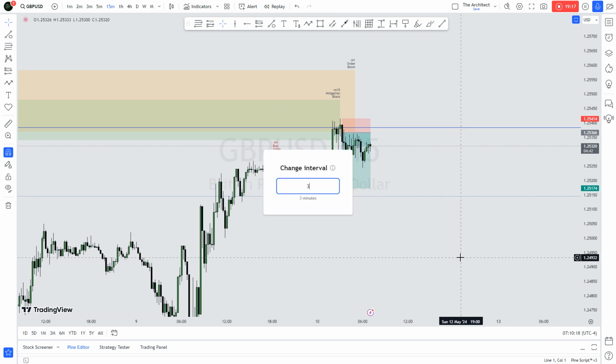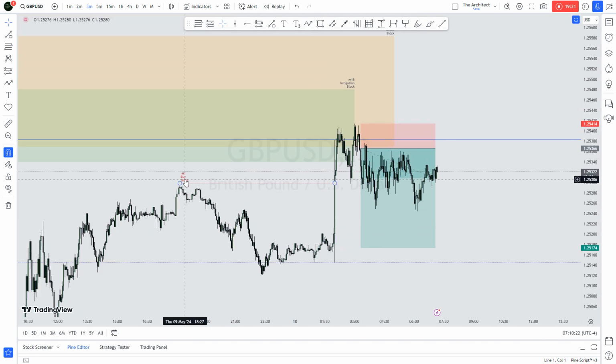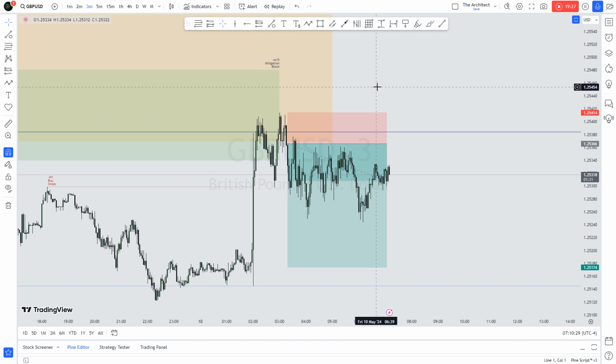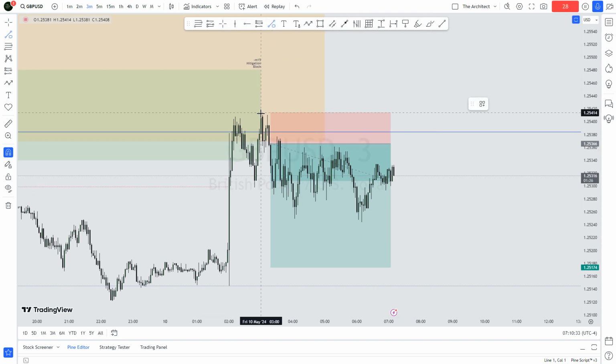So what I'll do is wait for my Asian session's high to get taken, which was this point over here, and then it drew into my mitigation block and my order block. After that point, what I want to see is a market structure shift, which occurred over here.